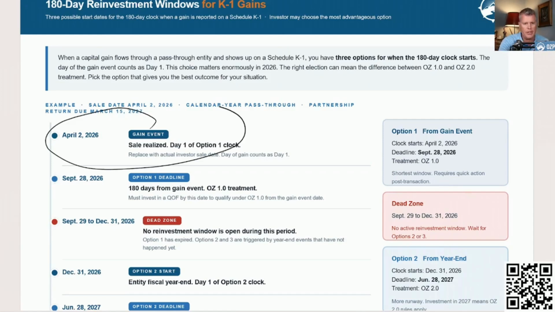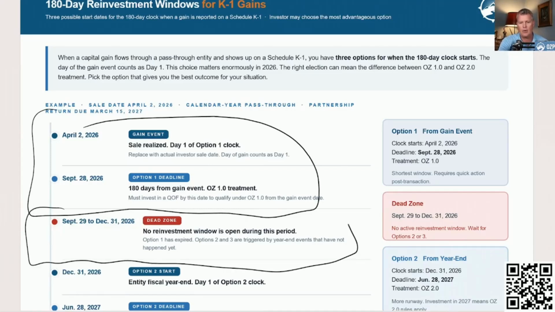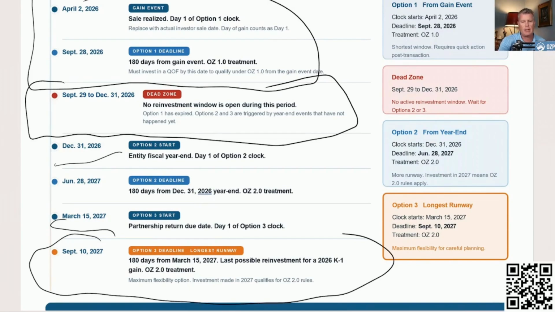You can have the 180 days start on the sale date, which would pick you up to September, or there's this dead zone, a lockout, right, where you can't do a reinvestment, or you can choose for it to start December 31st, or you could choose for it to start March 15th, which ultimately gets you to September 10th of the following year. So that is applicable for any deal that's going to be coming off of a K1.